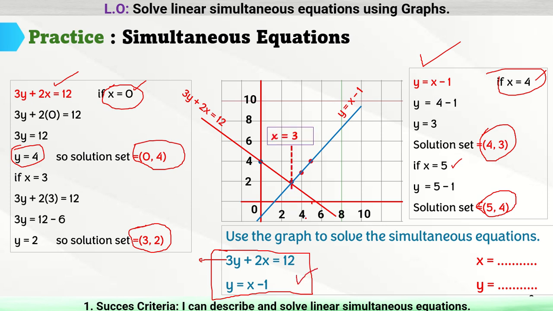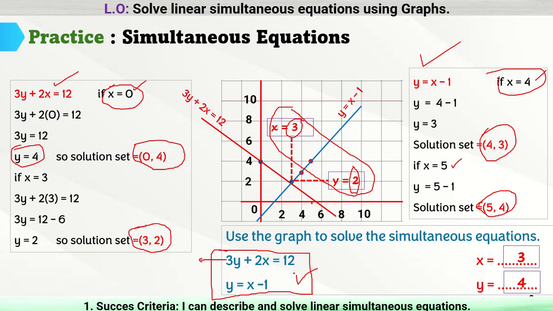So here is the point. Here x is 3 and y is how much? 2, which means that for these two values of x and y, both of these equations will be true. So this is another example of simultaneous equations.